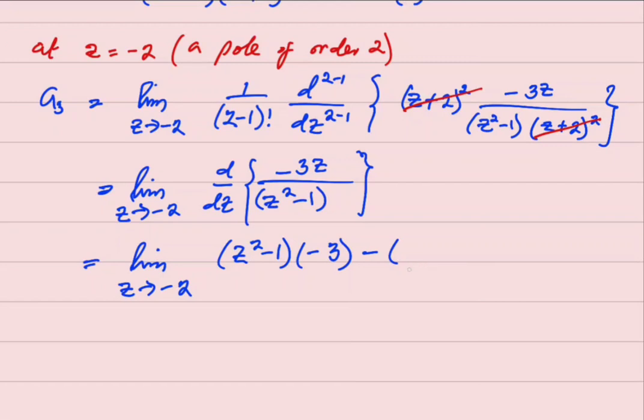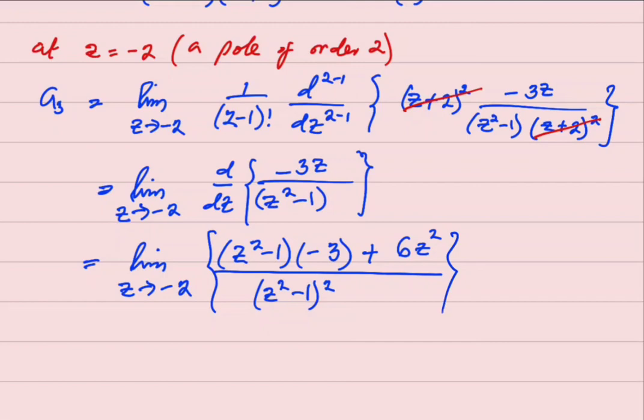So you have minus 3z squared plus 3 plus 6z squared, that is plus 6z squared. You know, how do we get that? It's minus minus 3z into 2z. So you have your z squared here. Then everything divided by z squared minus 1, everything squared.